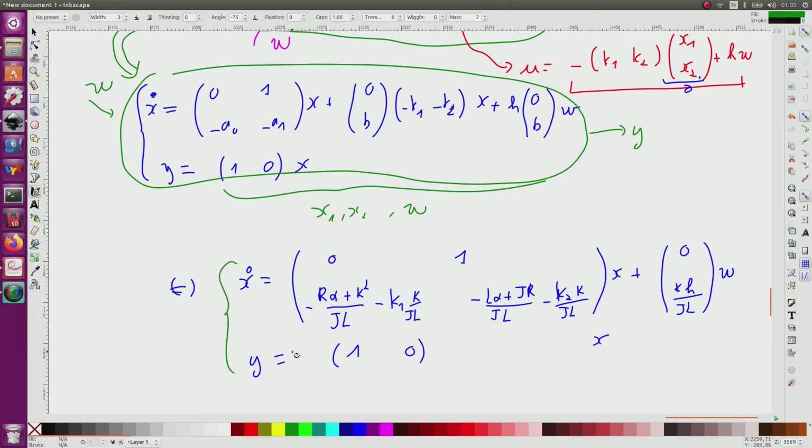So this is, in a matrix form, the state space representation of my system.